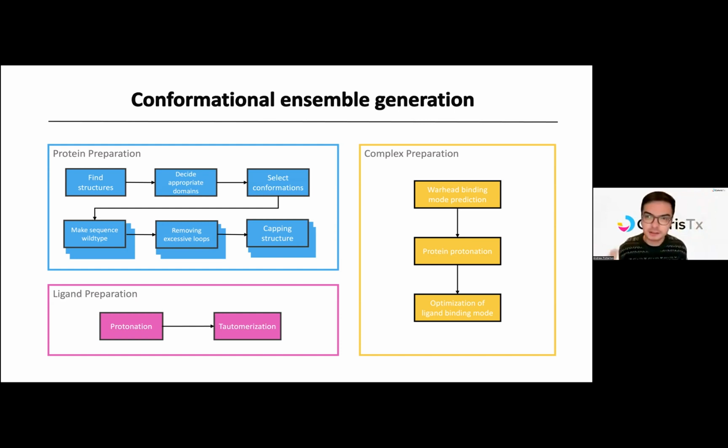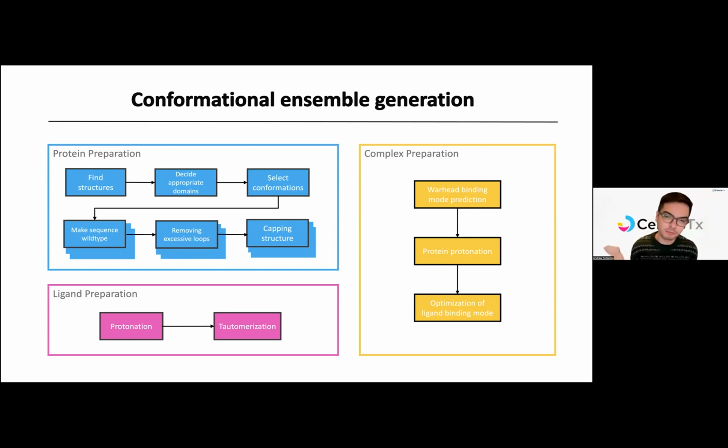Then deciding the appropriate domains and whether it's worth separating domains depending on their flexibility with respect to each other. Selecting conformations, essentially making the sequence as wild type as possible, modeling in loops, removing excessive loops if they're modeled in such a way, and capping structures for molecular dynamics. That's all on the protein side. On the ligand side, protonation, tautomerization, and then bringing them both together.